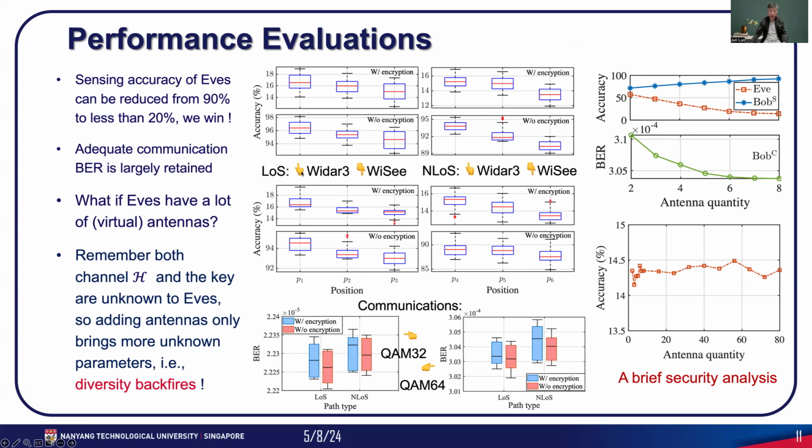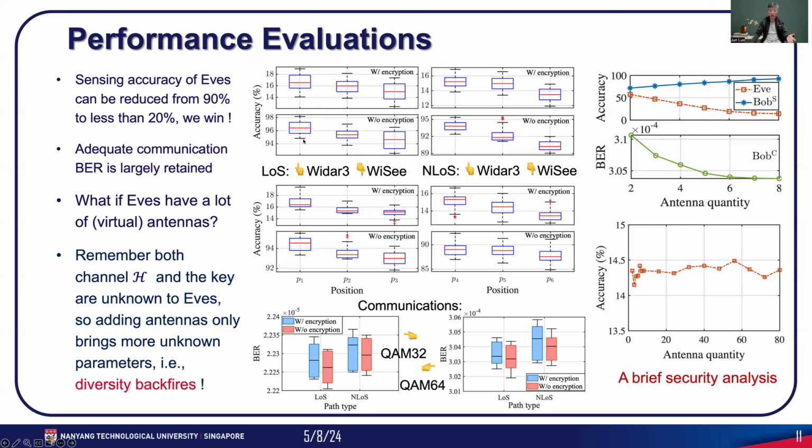We show that regardless of which prominent Wi-Fi sensing algorithm or mechanism we use, they always behave the same: if we use encryption, the accuracy is reduced to below 20%, actually just around 16%. And without encryption, they all reach about 90 to 95%.